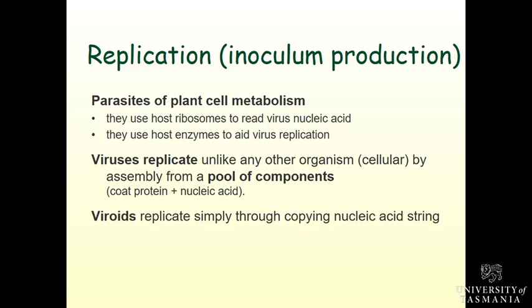Some of those proteins will be enzymes that allow the virus to replicate its own genome. So it quickly makes what we call replicase enzymes that make millions of copies of the virus genome. It makes coat protein and then sticks them together, so one virus becomes a few billion virus particles.